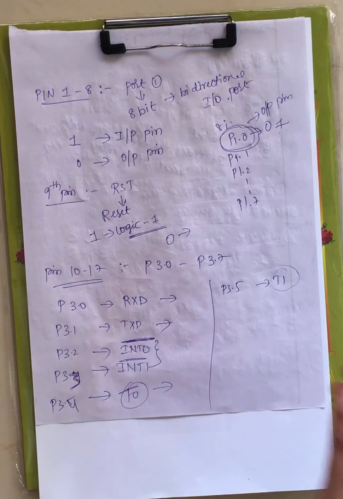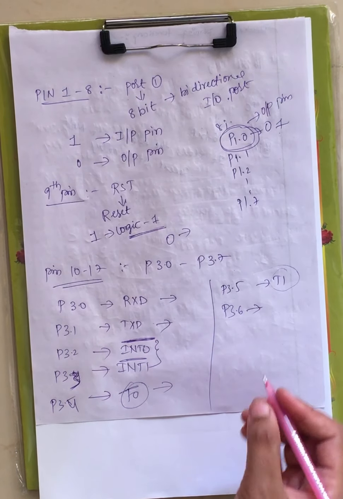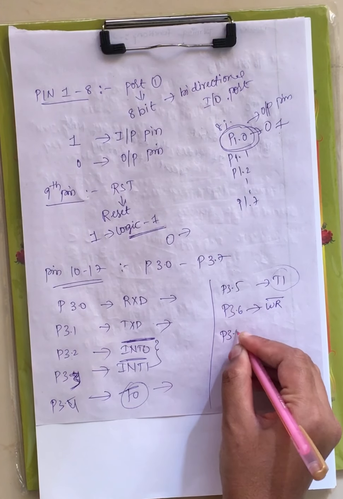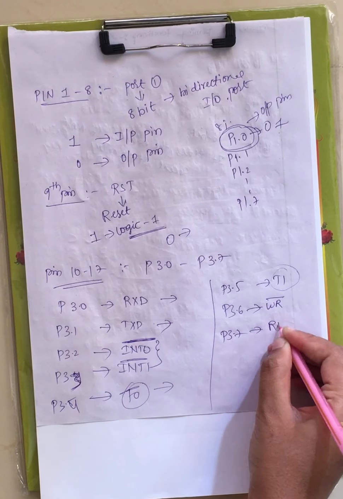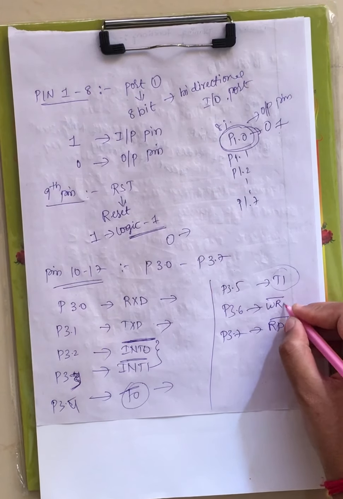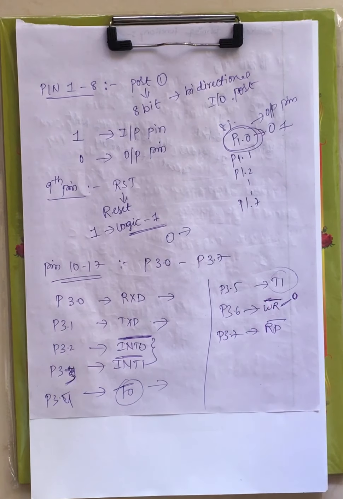Now coming to port 3.6, this is allotted to the read signal, RD bar, and port 3.7 is allotted to the write signal, WR bar. Now for logic 0, you have a bar. Bar indicates opposite, right?